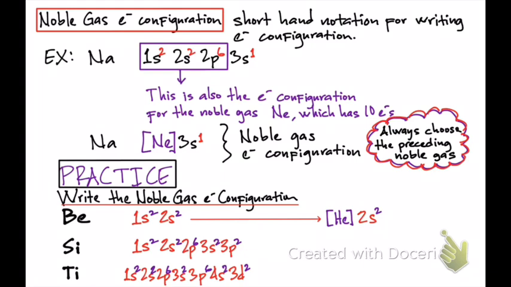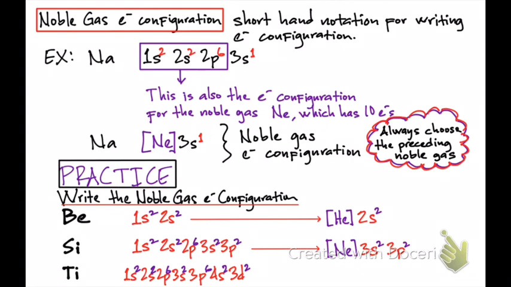And then we can do the same thing for silicon, right? The noble gas before silicon is neon. And we know that neon has a total of 10 electrons in the periodic table. So knock out the first 3 sublevels here containing 10 electrons, and then write out the rest of the electron configuration. So the symbol followed by the rest, 3s2, 3p2.